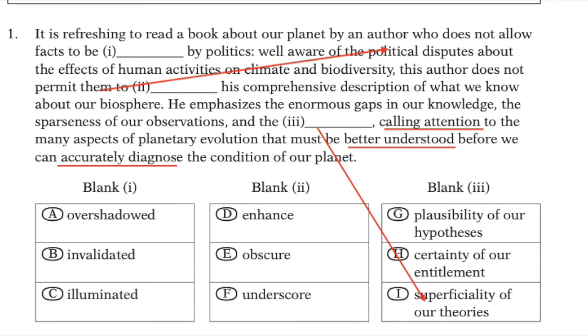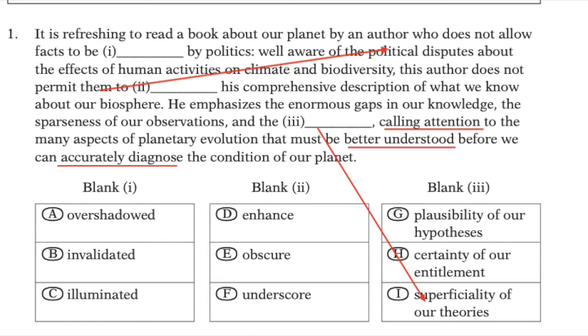So let's try and look at the blanks now. We understood that the second blank is indicating that the word there is very similar to hide, right? So the other two options certainly don't match that, and hence the answer is obscured.